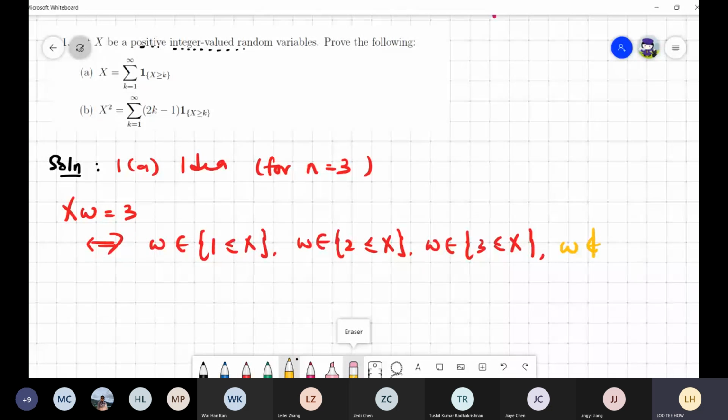Omega will not belong to X greater than 4 anymore, so we will not consider it. So omega belongs to this, then we can see one of this must be equal to 1.